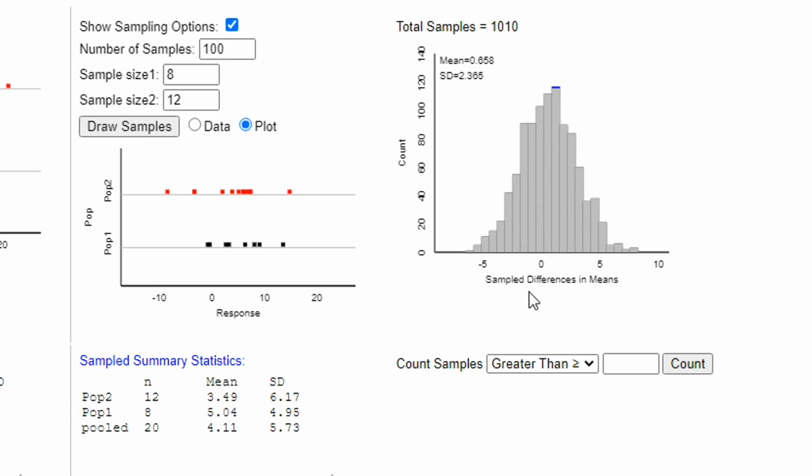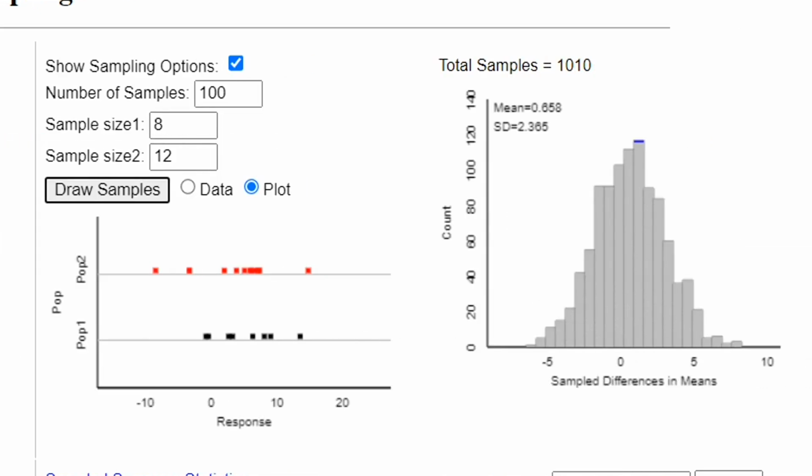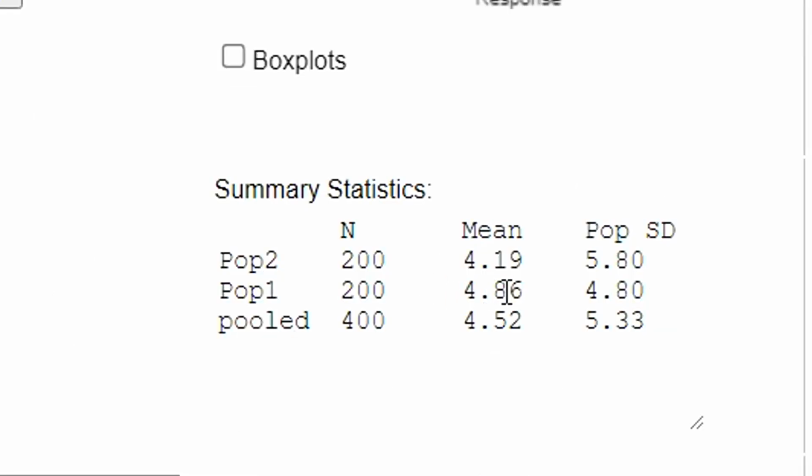So you can see we get some differences that are below 0, some differences that are greater than 0. But if we enlarge this a little bit, take a look here, you can see that the average of these more than 1,000 samples for the difference of those means is close to simply the difference of the two population means.